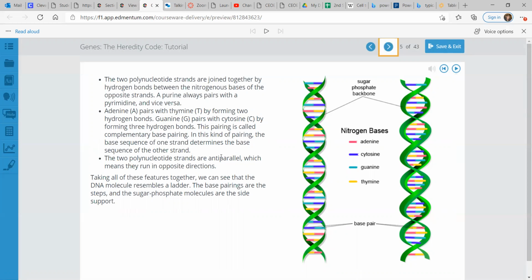Taking all of these features together, we can see that the DNA molecule resembles a twisting ladder. The base pairings are the steps, and the sugar phosphate molecules are the side support. So the green side supports are made of sugar and phosphate. The bases in between are these steps made of these nucleotide strands.